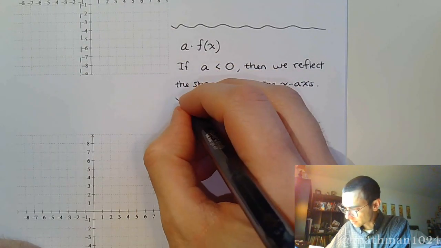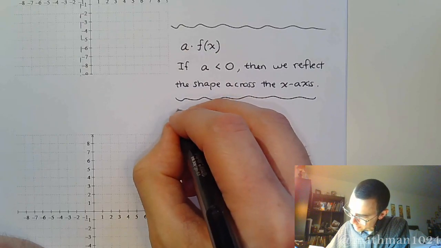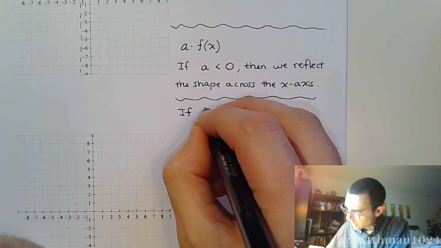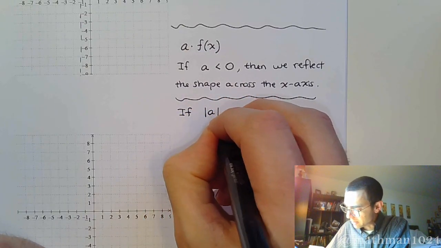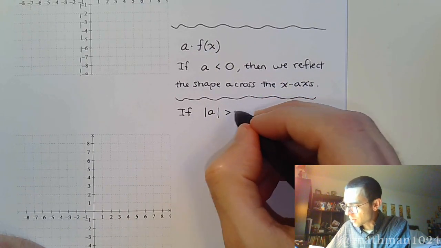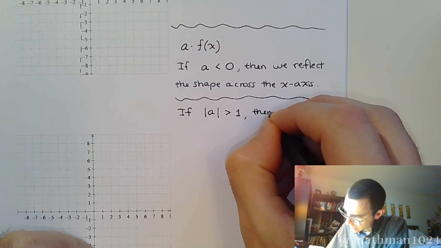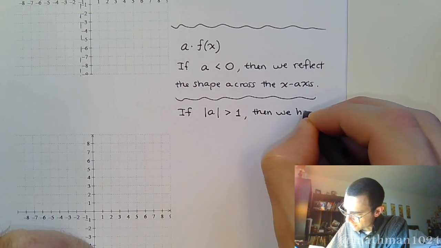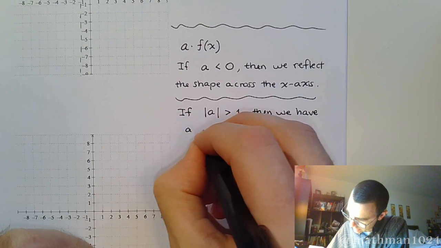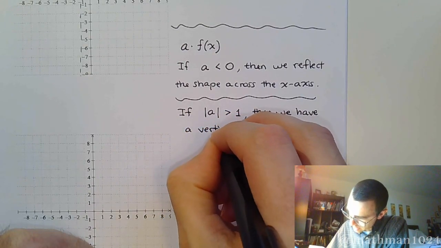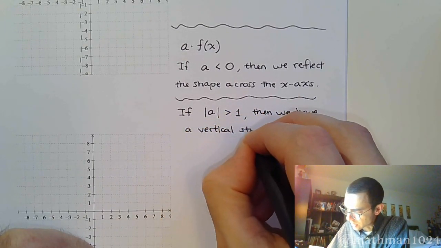But if the absolute value of that a is something that is greater than 1, okay, then we have a vertical stretch.